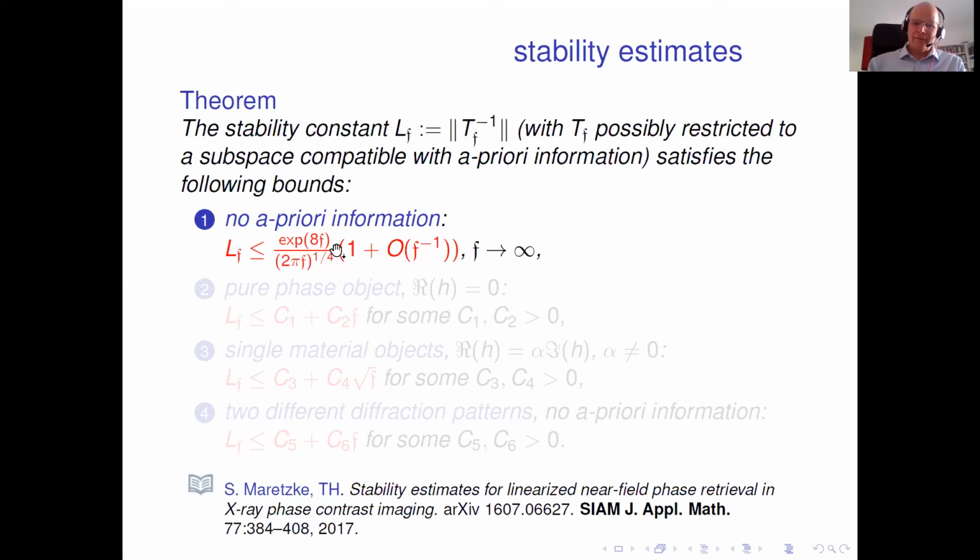And so that's very bad news. And so often we have Fresnel numbers of tens of thousands or hundreds of thousands. And then, of course, this is so huge that practically the problem is non-unique. So extremely unstable. This was also observed by many people, so that's why it was common belief that there is no uniqueness. Yeah, but it depends a lot on the size of the Fresnel number.